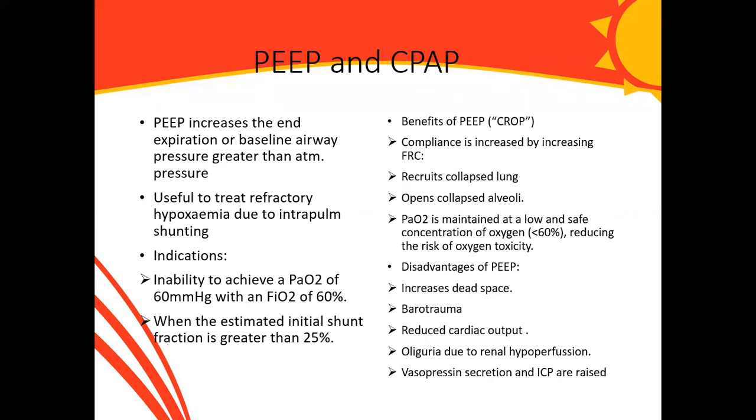It increases dead space, it increases the risk for barotrauma, and because of the increase in intrathoracic pressure, it causes reduced cardiac output and reduced renal perfusion leading to oliguria, and it can actually cause vasopressin secretion with an increase in intracranial pressure. So you must make sure that the level of PEEP you introduce is compatible with your goals.